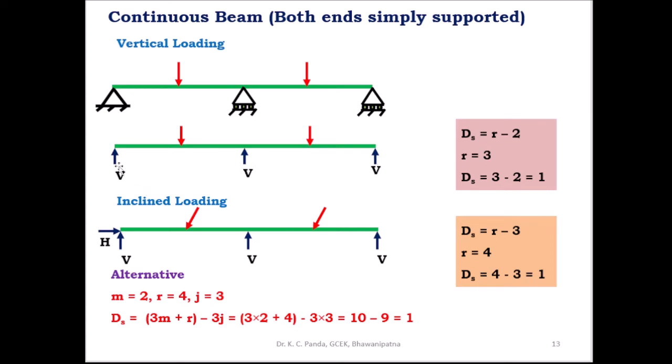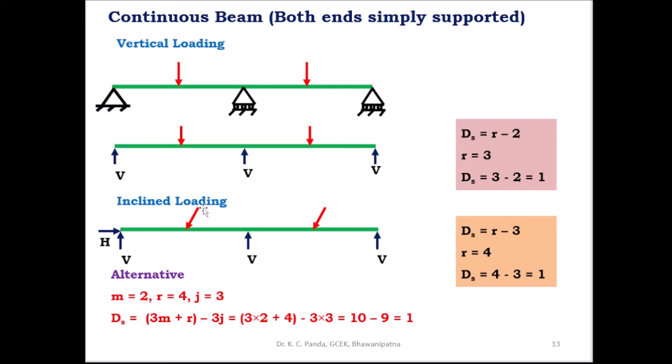So here the total number of reaction components is equal to 3, and ds is equal to r minus 2, where r is equal to 3. So ds is equal to 3 minus 2 is equal to 1. So this is the degree of static indeterminacy when the load is acting in the vertical direction. The degree of static indeterminacy is equal to 1. This is also a statically indeterminate structure.